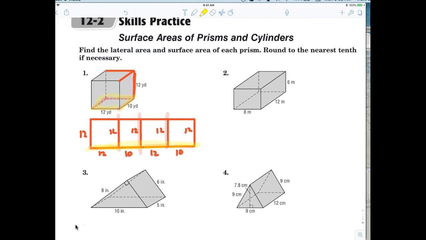So my formula that I wish you would understand would be the surface area is 2 times the area of the base plus the perimeter times the height. Is everybody good with that? That is the general formula for surface area of any prism.